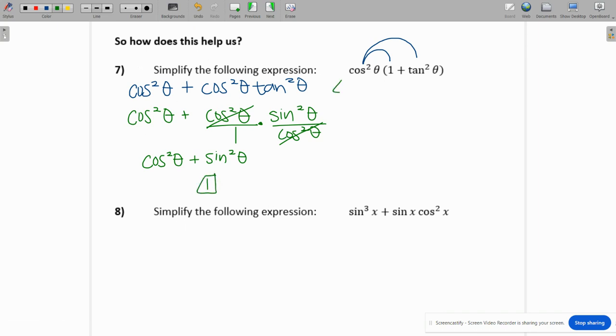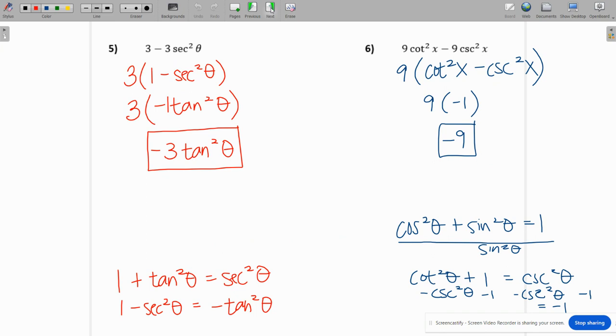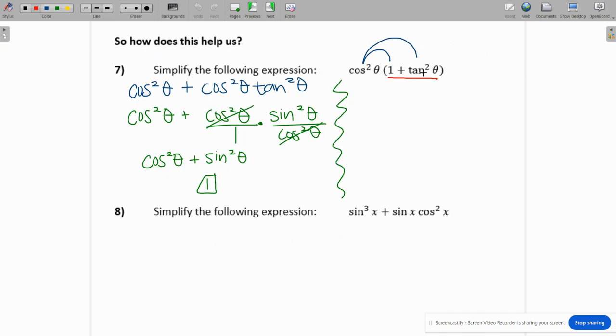Now, again, this is just one way to do it. Another way to do it is maybe from the very first step, you noticed 1 plus tangent squared. If you go back to your Pythagorean identities, 1 plus tangent squared is secant squared. So that means from the very beginning, maybe you substituted in secant squared here.